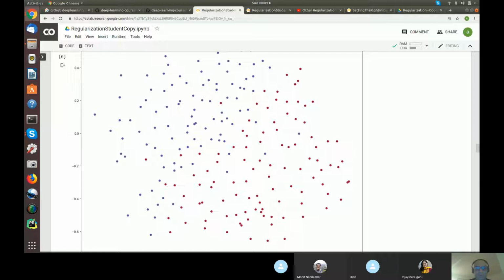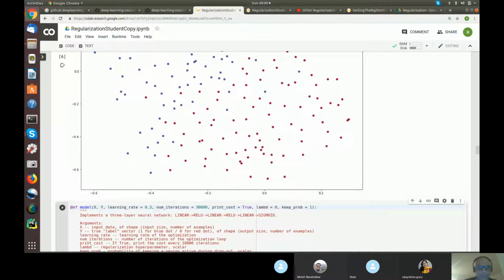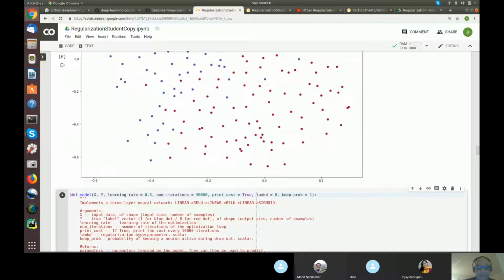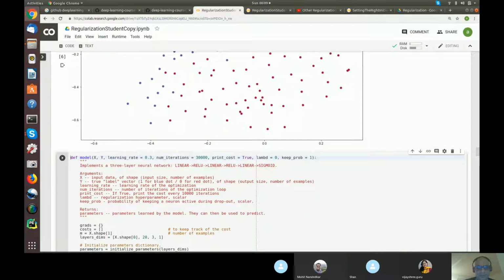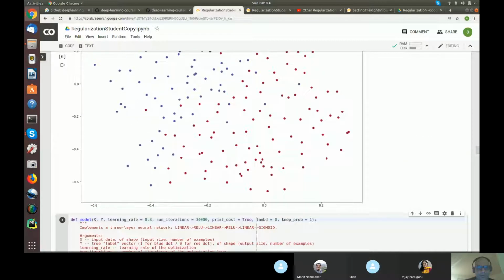On the left, they're colored blue. And our task is to build a model that can separate out the data points of the 2 colors.